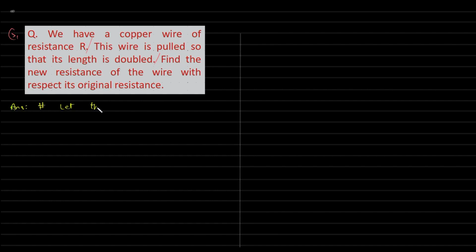let the original copper wire be of length L, and area of cross section be 2A.